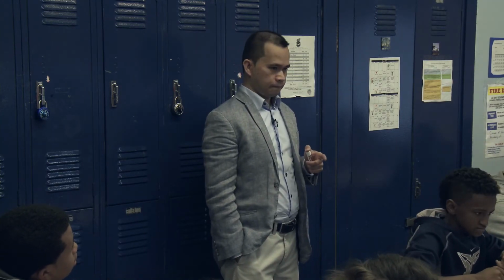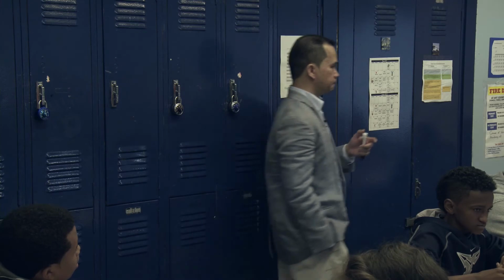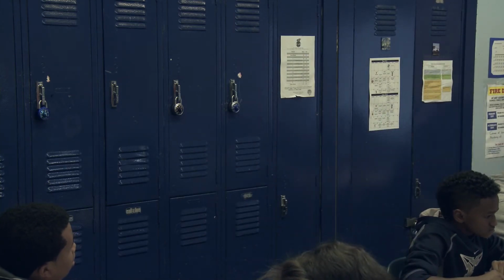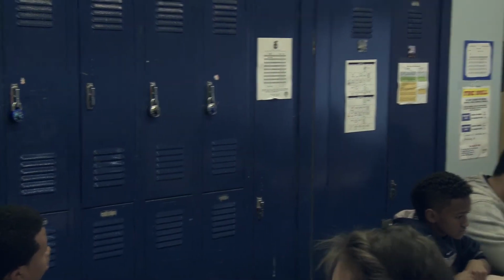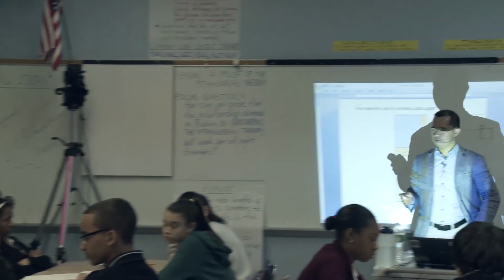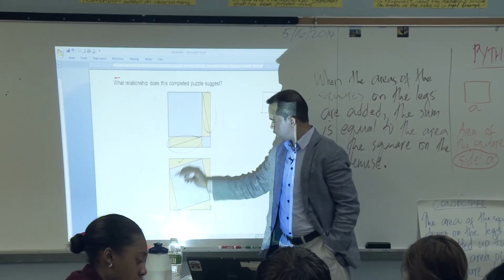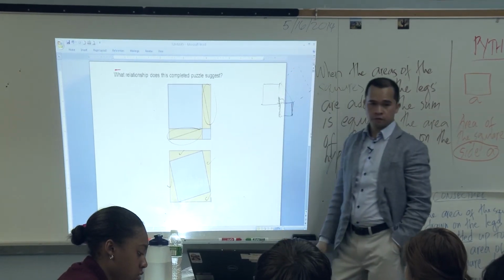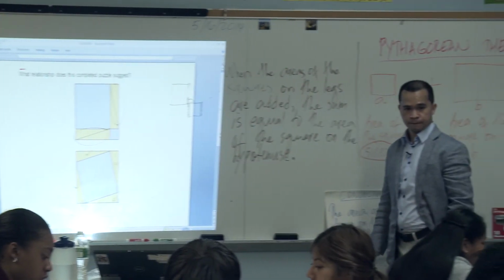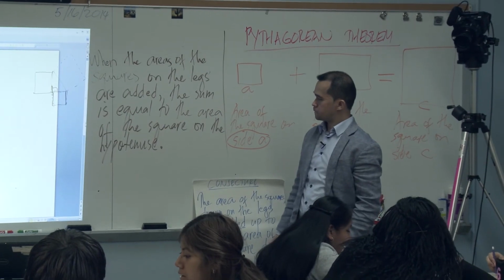Yes. When you fit the shapes into the frame, there are 4 triangles in each frame. Have you noticed that, 811? Yes. There are 4 pieces here, and you have 4 pieces here. Since they're all congruent, they take up the same amount of space.